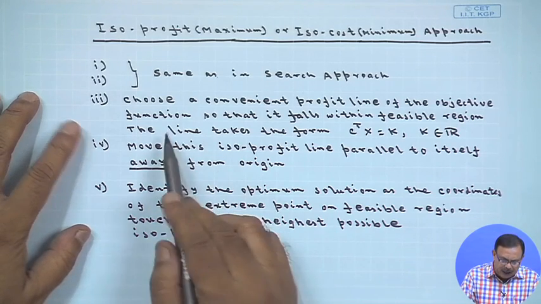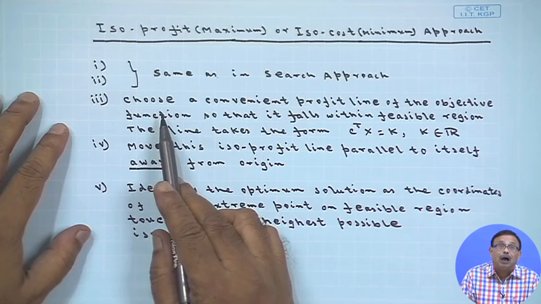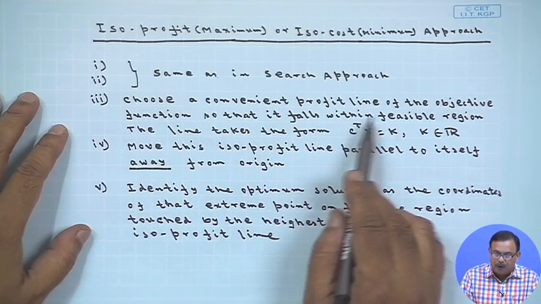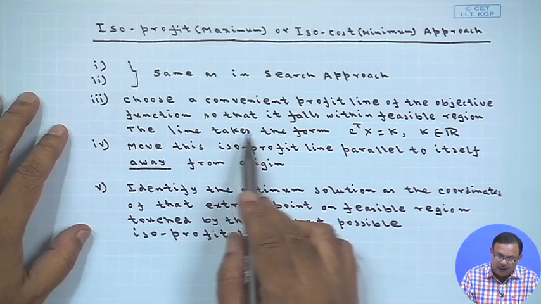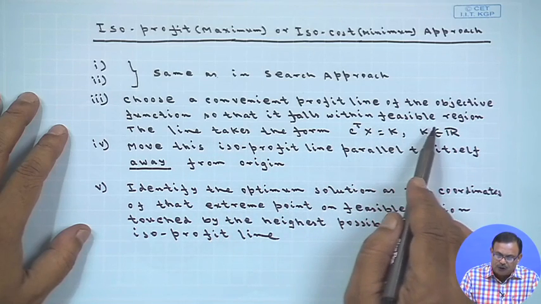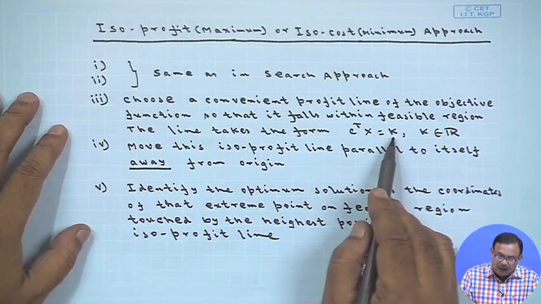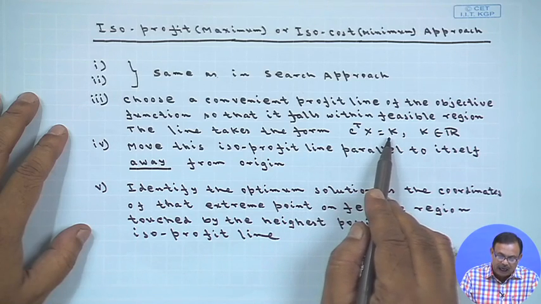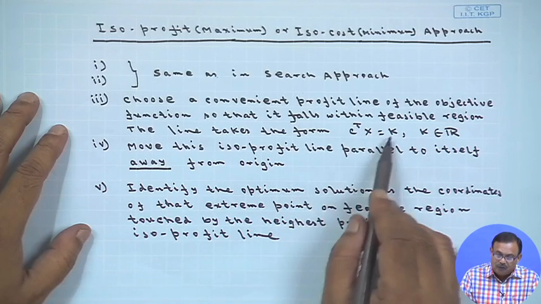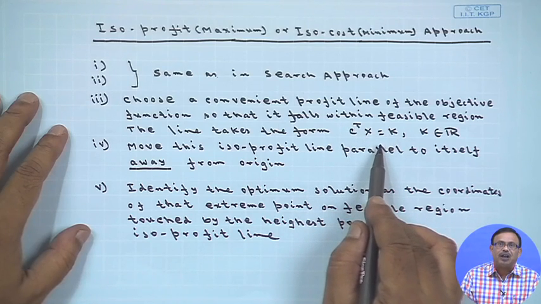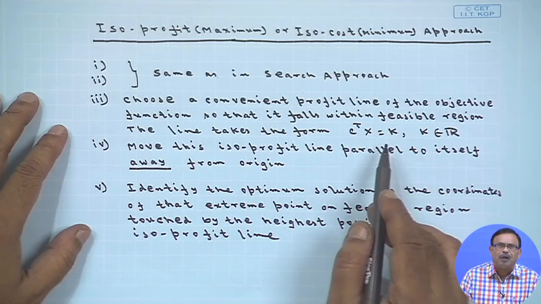Here number 3 is the important one. Choose a convenient profit line of the objective function, so that it falls within the feasible region. The line takes the form C transpose x equals k, where k belongs to some real number.